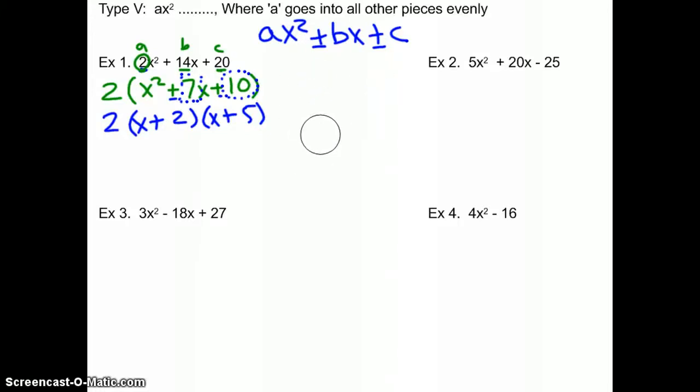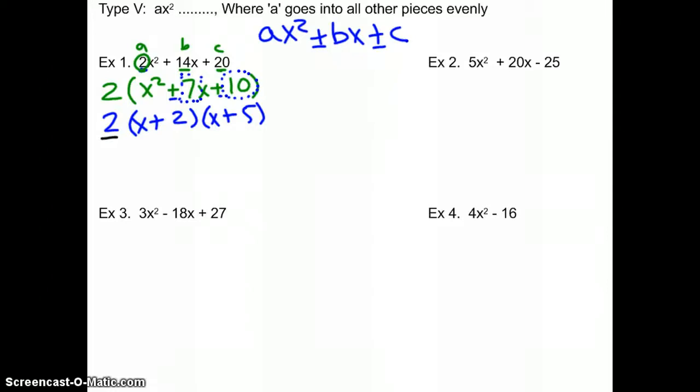Now, how do I check my value? Well, I'm going to refoil, but I have this extra value out here to deal with, so I just need to make sure I follow the rules of PEMDAS: parentheses, exponent, multiplication, addition, subtraction. So I have 2 times quantity x plus 2 times quantity x plus 5. It does not matter which order I do this in.